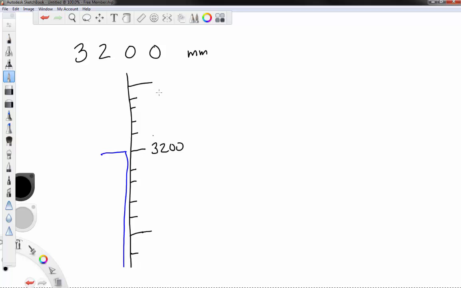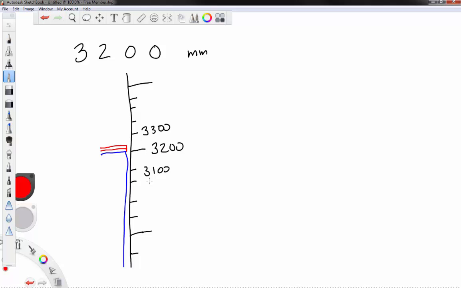Alright, well, if this one right here represents 3300 millimeters, and this one represents 3100 millimeters, then these are not significant zeros, because if I were to have another object that was, say, this long right here, I would probably still write the length as 3200 millimeters. And if I had one that was this long right here, I'd probably still write it as 3200 millimeters.